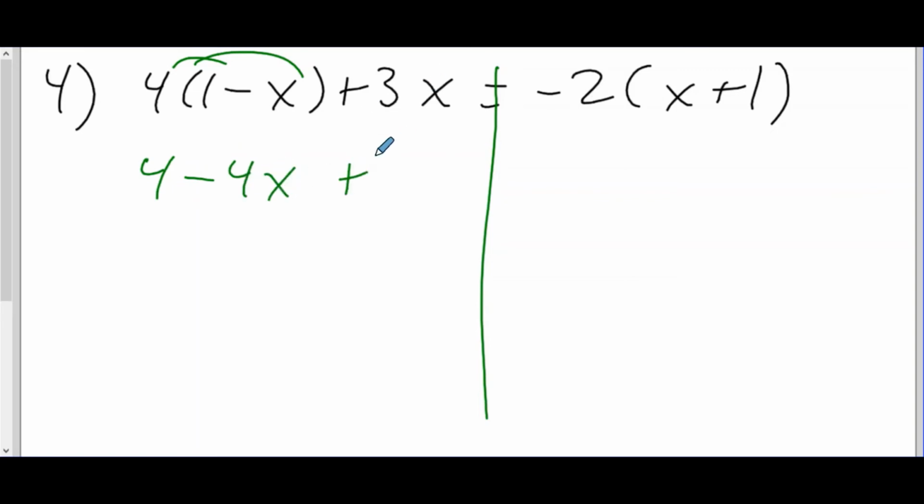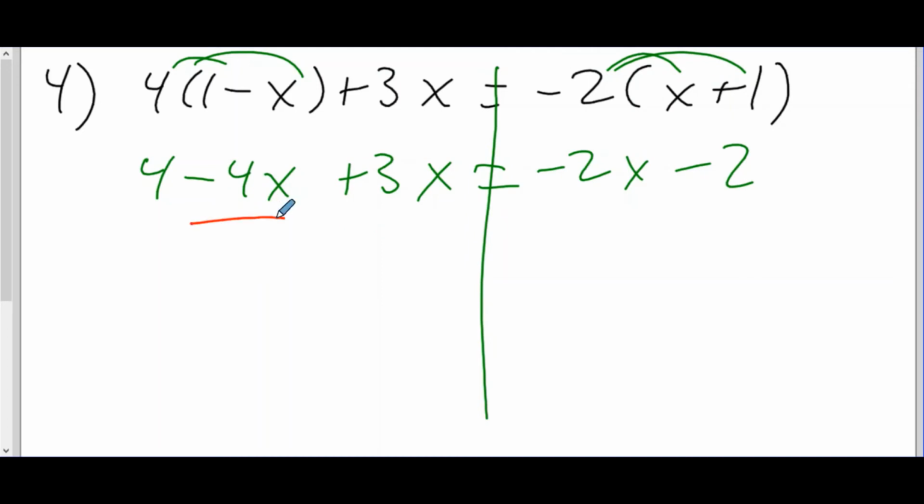That's not part of it, so I just bring down that plus 3x equals negative 2x minus 2. Now this time I do have like terms on the same side. On the left, I have a minus 4x and a plus 3x. So I can rewrite that as 4 minus 1x equals negative 2x minus 2.